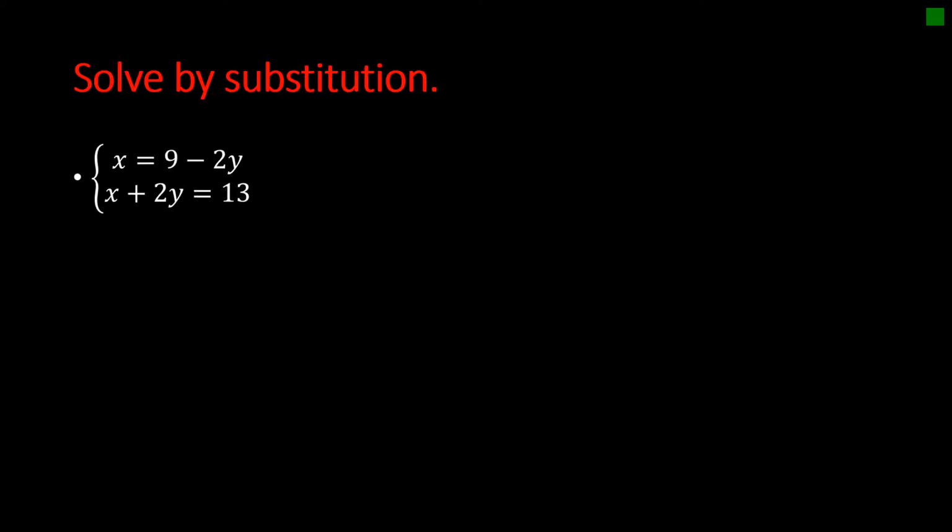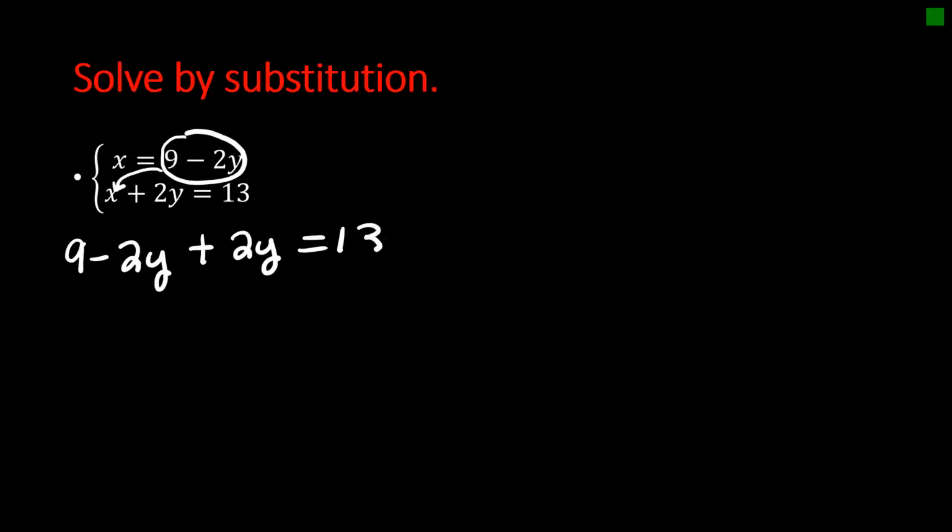Let's look at another one. We have x equals 9 minus 2y and x plus 2y equals 13. So I take this expression for x and I'll put it into the second equation. So I have 9 minus 2y plus 2y equals 13. The negative 2y and positive 2y cancel, and I have 9 equals 13.